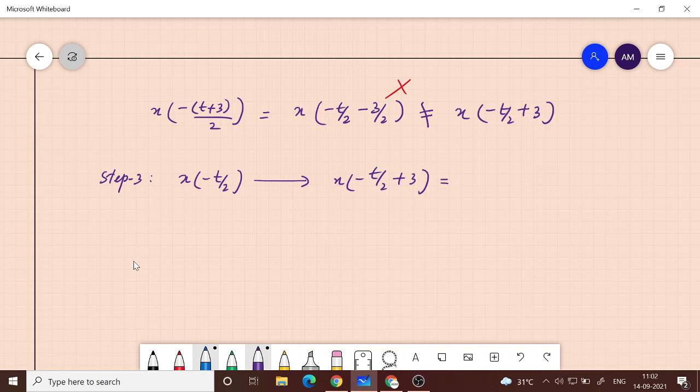You need to basically rearrange the term here. For example, if you take the LCM, then plus 6 by 2. Okay, I think there is a sign problem also.